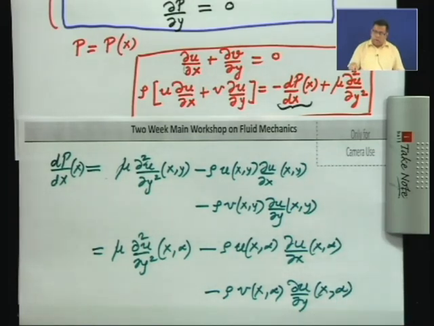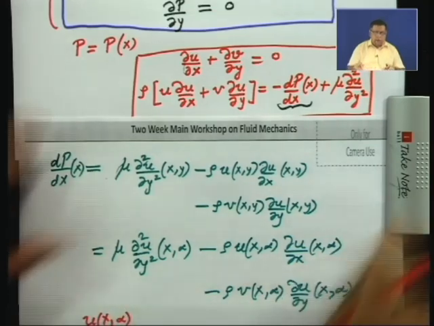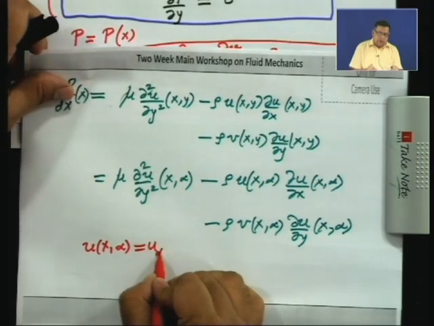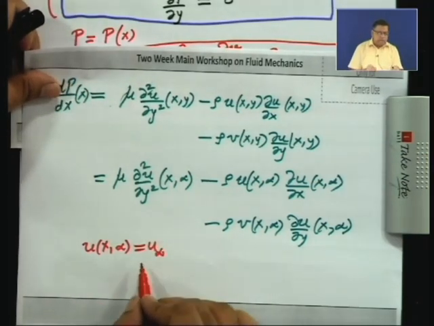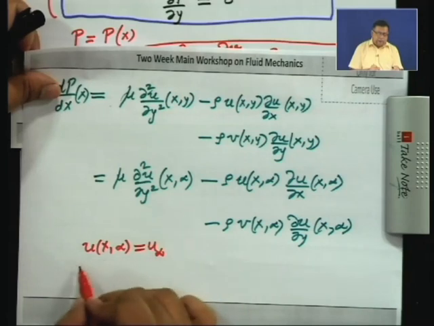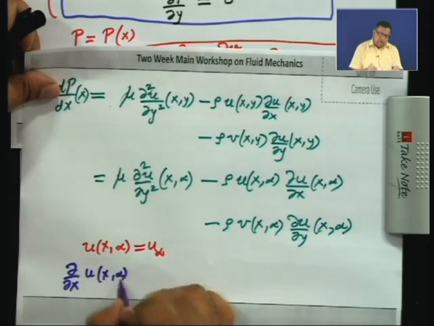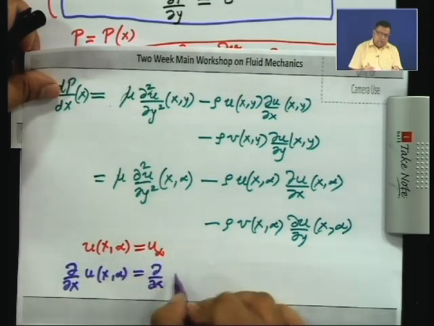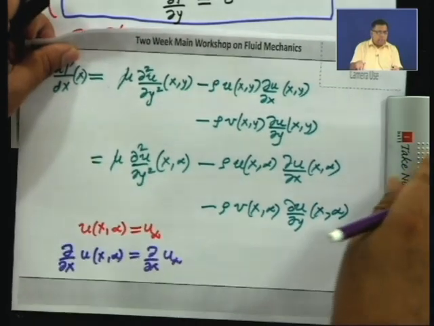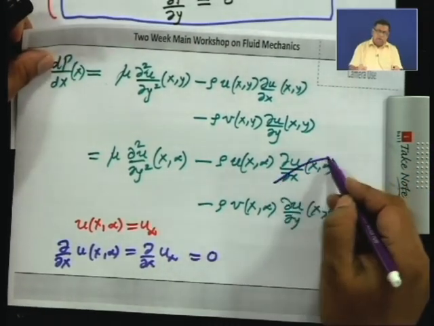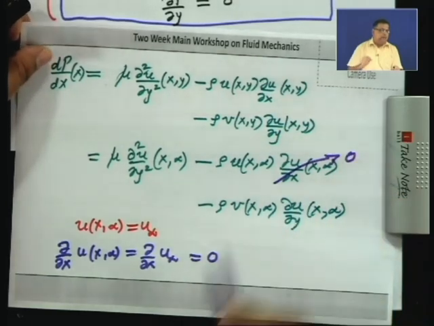Now, you know that u of x comma infinity is a constant which is u infinity for this case of the flat plate, and this was for all x. So, I can differentiate both sides and write ∂/∂x of u of x comma infinity equal to ∂/∂x of u infinity, which is 0. So, this term is 0 for the case of the flat plate.